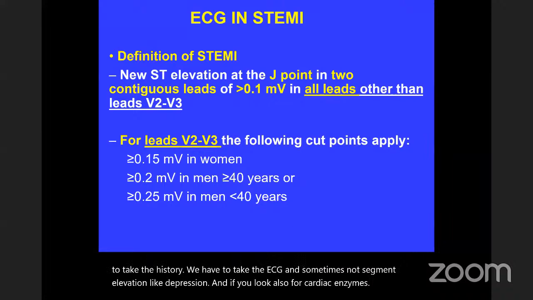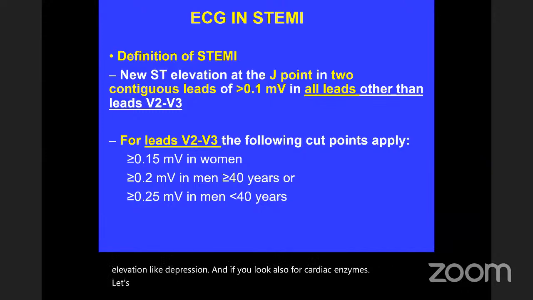Some patients post-op have ST elevation, but it's not significant because they are just fresh post-op. Cardiac enzymes might also be high, but not to the extent that you call it infarction. So you have to see the ECG itself and the clinical situation. I think the clinical situation is most important.